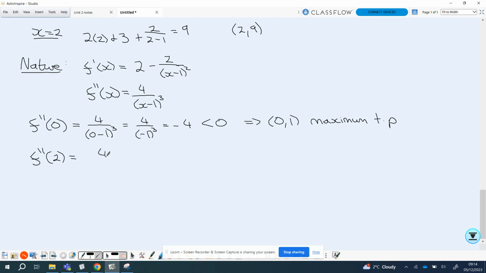Put in the second value. So, put in value 2, that's going to become 4 over 1 cubed, which again becomes 4, but again, we're not really interested in that. The most important thing is that it's positive, greater than 0, therefore our second coordinate ends up being a minimum turning point.